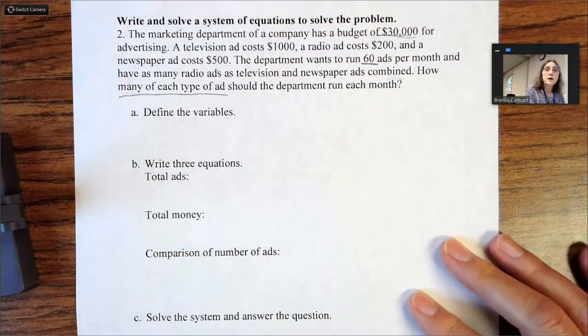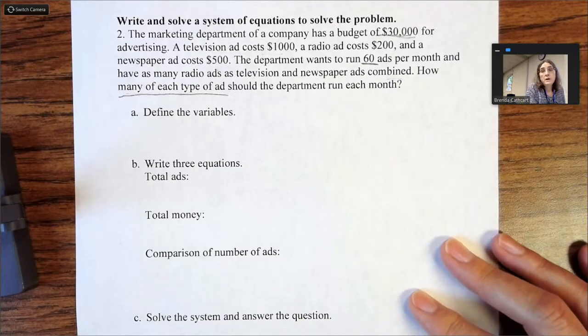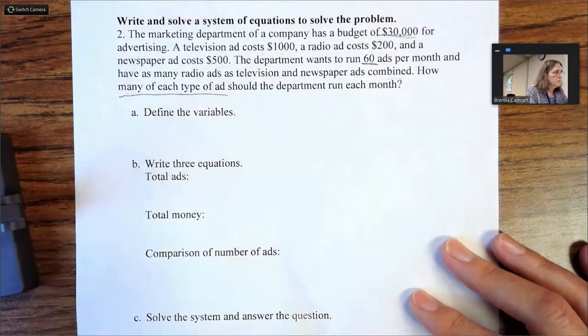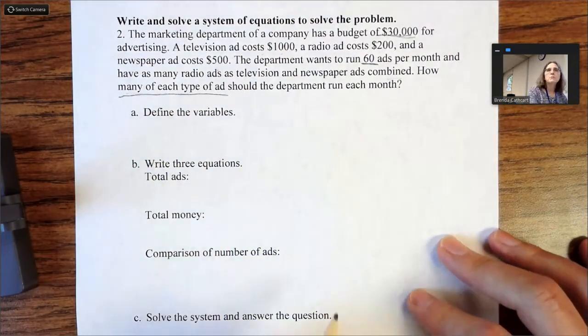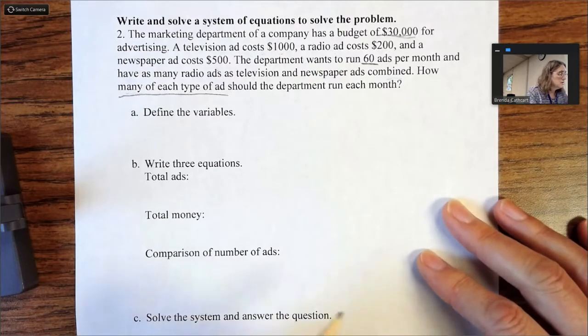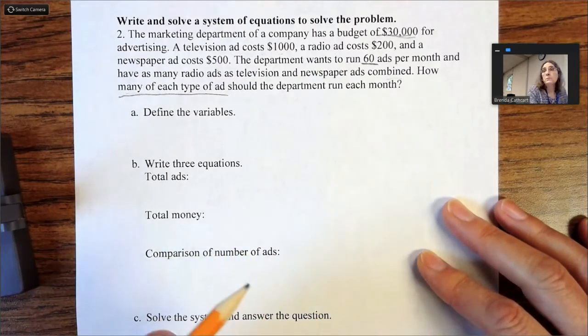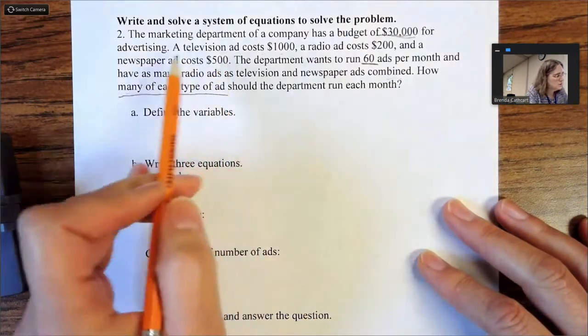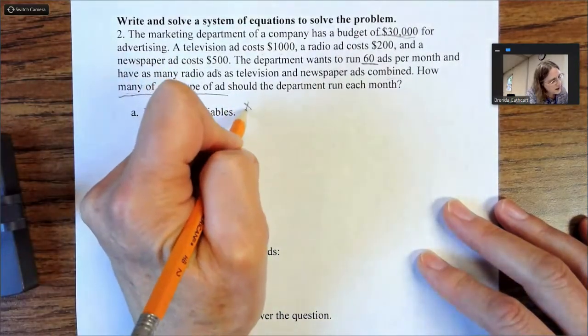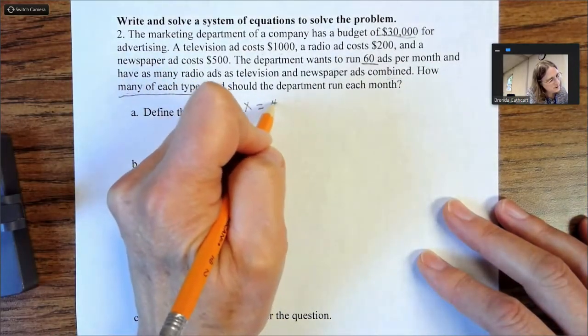In order to define the variables, one of the easiest ways is to see if it works by answering the question. I'm going to define the variables by telling how many of each type of ad we're going to run. Since I don't know those answers, I'm going to replace them with variables. x is the number of TV ads.